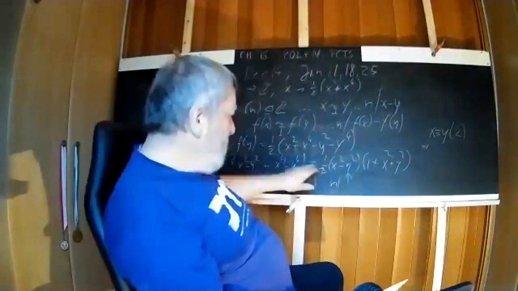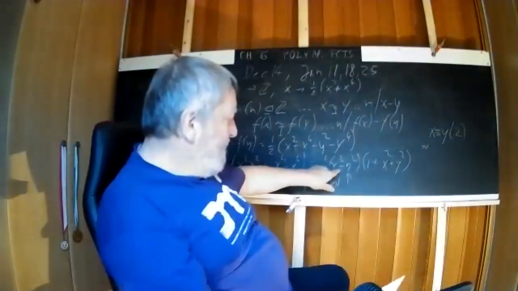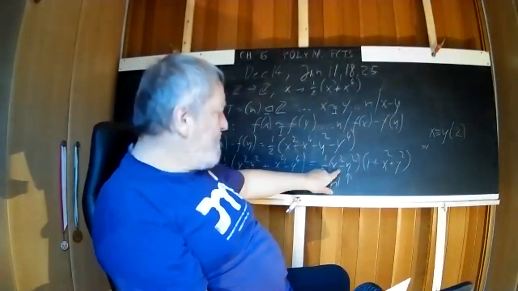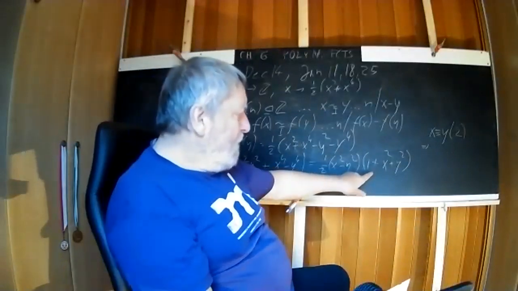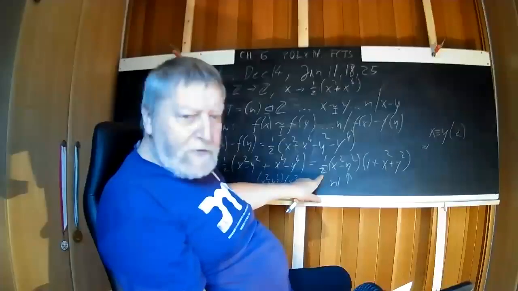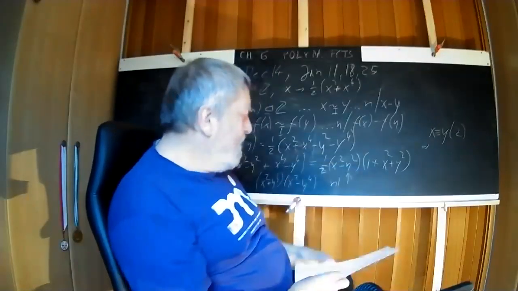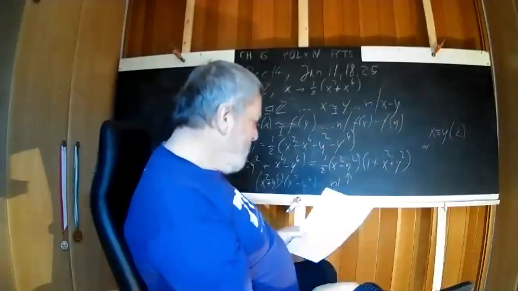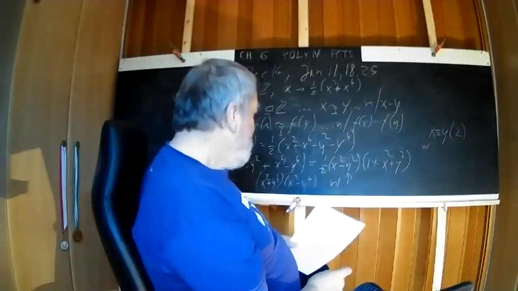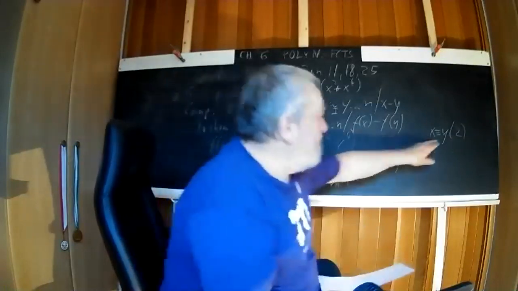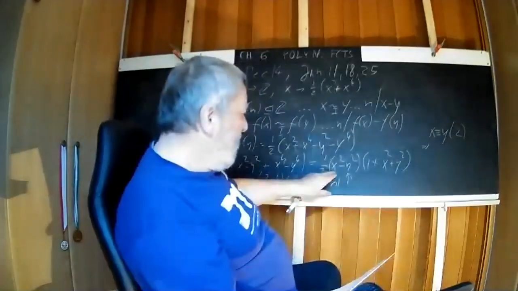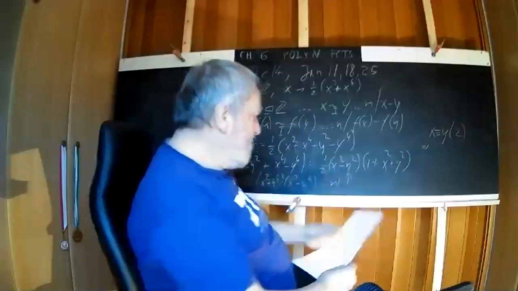We have already shown that n divides the whole thing because n divides the first parenthesis. And then we have to show that we can divide by 2. So we have to show that this is an even number. If x is congruent to y, then x squared minus y squared is even.